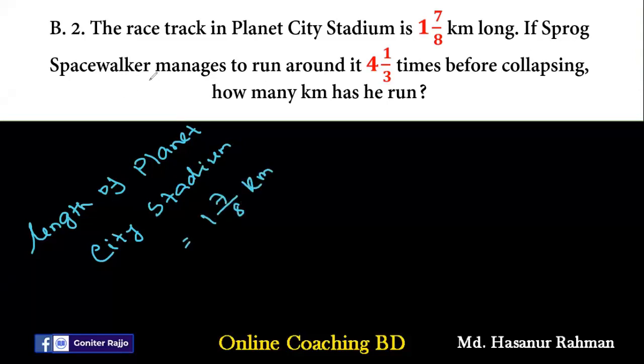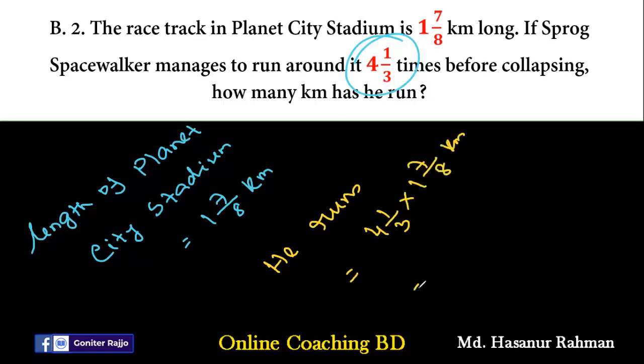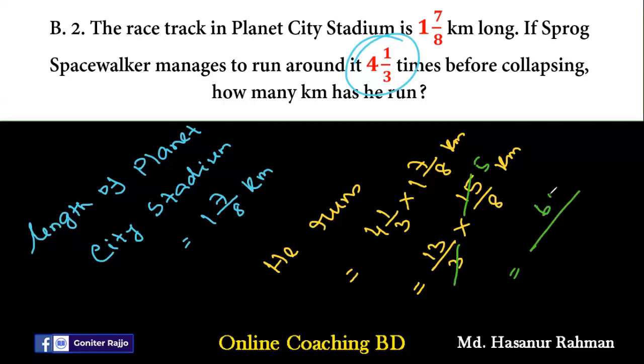If Sprock the space worker manages to run around it 4/1/3 times before collapsing, that means he runs actually 4/1/3 times 1/7 by 8 kilometers. Then we have to convert this mixed number into improper. 3 4s are 12 plus 1, 13, multiplied by 8 1s are 8 plus 7, 15 kilometers. Then we have to divide 15 by 3, it will be 5. So 13 multiplied by 5, 65 by 8 kilometers will be the final answer.